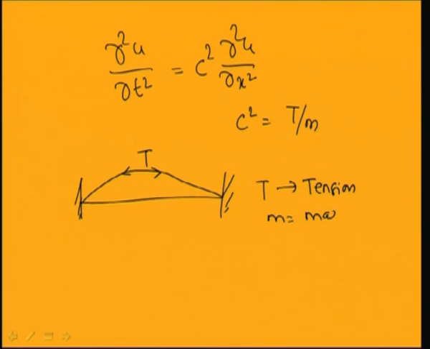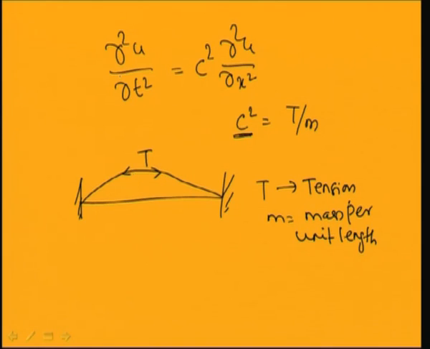The unit of c is meter per second, that of velocity. Later we will see that c represents the velocity of the wave in the string.